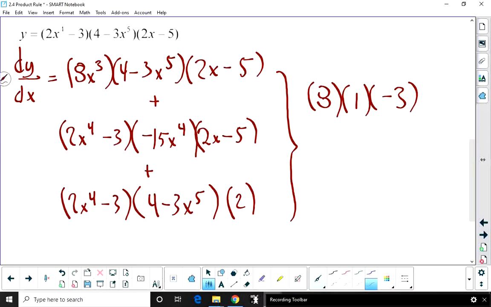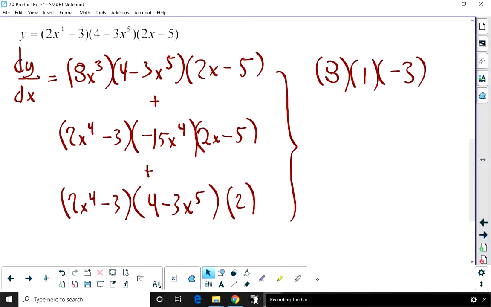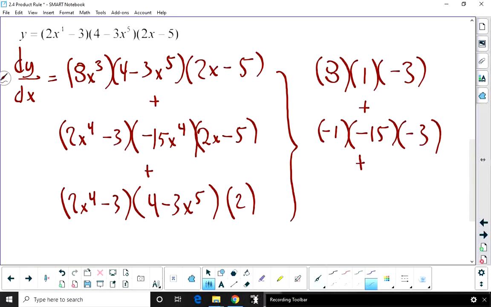Plus, I will have negative 1 times negative 15 times negative 3. And I will double check all of these in a second. Plus, I will have negative 1, I will have 1, and I will have 2. I don't have a problem with any of those. Do you?